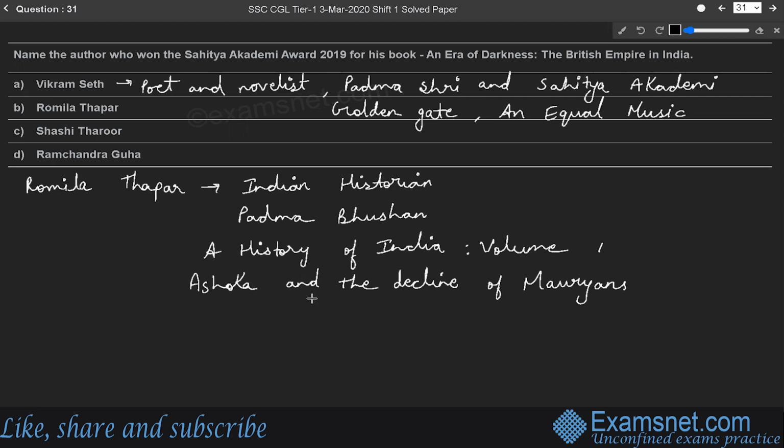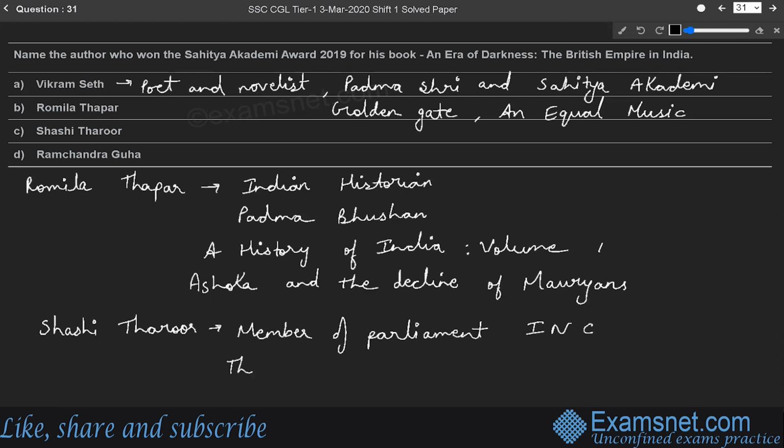Now, about the third option, Shashi Tharoor. So he was a member of parliament from the Indian National Congress, which is INC, and also represents the Thiruvananthapuram constituency.